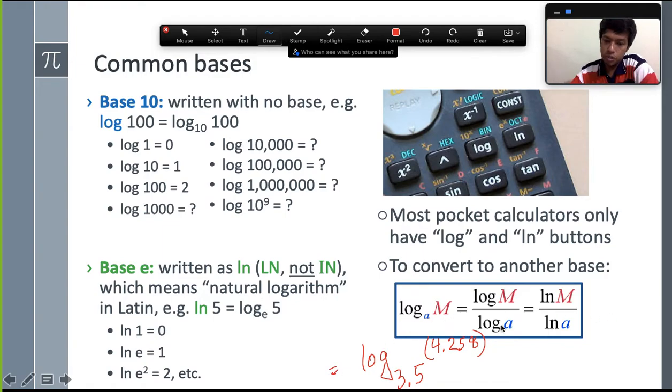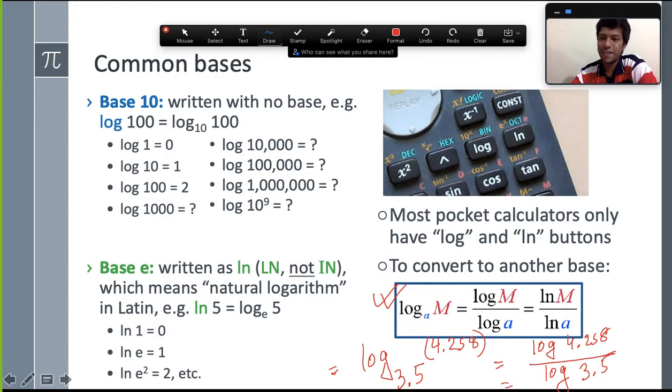So what you should do is use this formula here. In the calculator, you should press like this. See this m here, it goes up. That means this number will go up. In the calculator, you will first find log 4.258 divided by log 3.5. Then you press equal to, and the calculator will give you the answer.